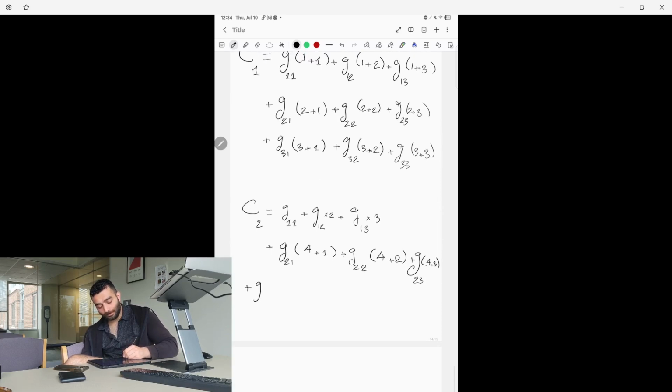Plus G31, this will be number 5, 5 plus 1, G32 will be 5 plus 2, plus G33, 5 plus 3, right?